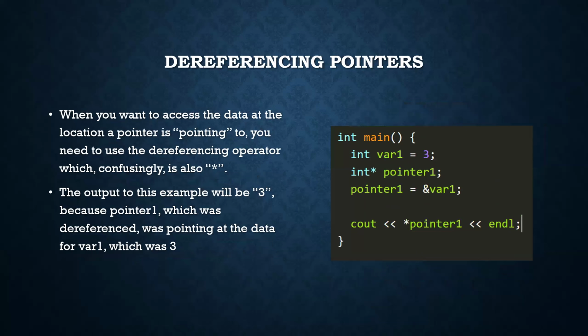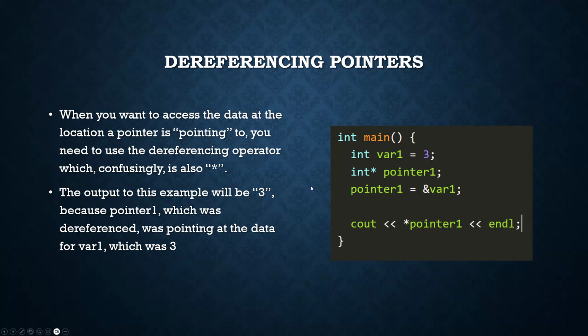All right, so when you want to actually access the data that the pointer is pointing to, you have to do what's called dereference the pointer. And when you want to dereference the pointer, you confusingly also have to use the asterisk, the star. And this time you're going to put it before the variable.